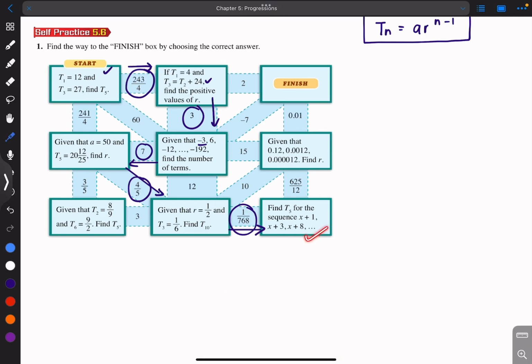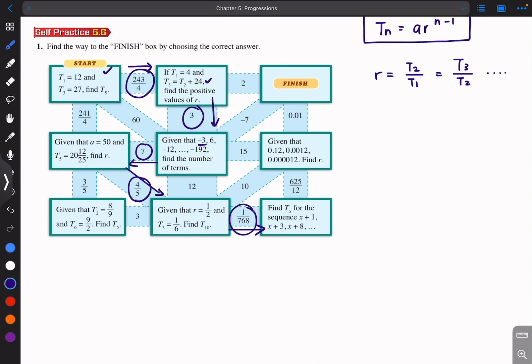Okay, the next box. Find T5 for the sequence of x plus 1, x plus 3, x plus 8. So here our sequence is T1, T2, T3. We don't know the A, we don't know the R, but we can find them since we know it's a geometric progression. In a geometric progression, R is T2 over T1 and R is also T3 over T2, or T4 over T3 and so on.